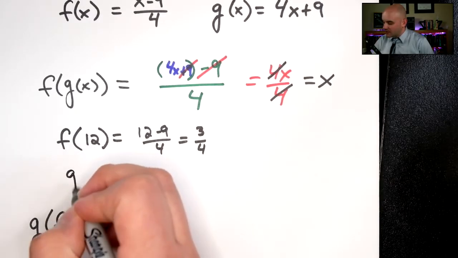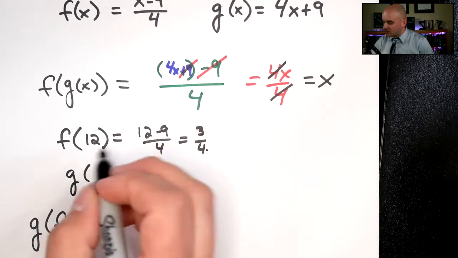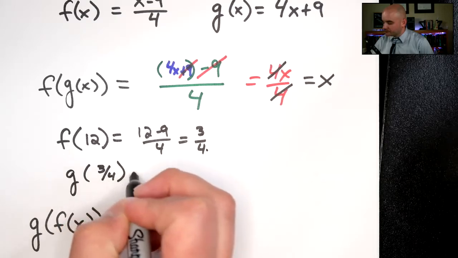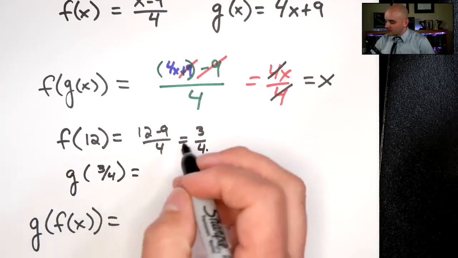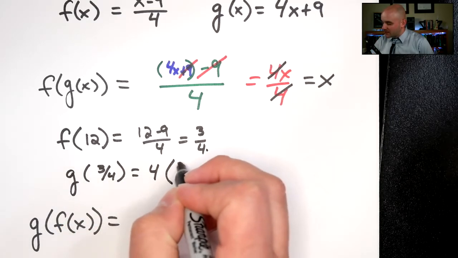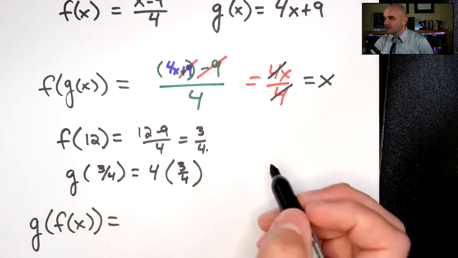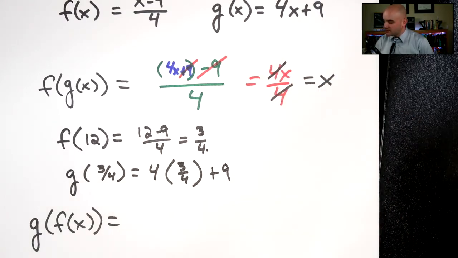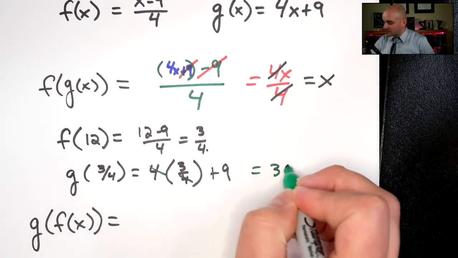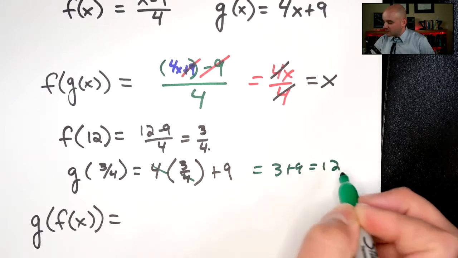Now I want you to find the g of this output here, 3/4. So that gives me 4 times 3/4, because it's 4x plus 9 up here. And then I'm going to add 9 to it. Notice that the 4s, you multiply those out, you end up with just 3 plus 9, which equals 12.